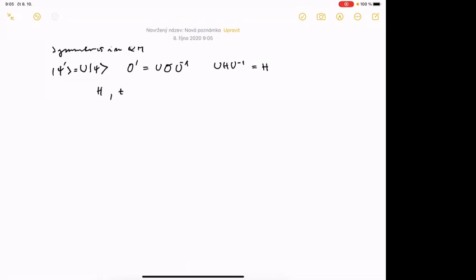But in the case of relativity, you know that time is mixed with coordinates during the Lorentz transformation, and also the energy is the zeroth component of the 4-vector of energy momentum, and it also mixes under the Lorentz transformation. So this definition of symmetry should be in some sense reformulated in the case of relativistic quantum field theory.